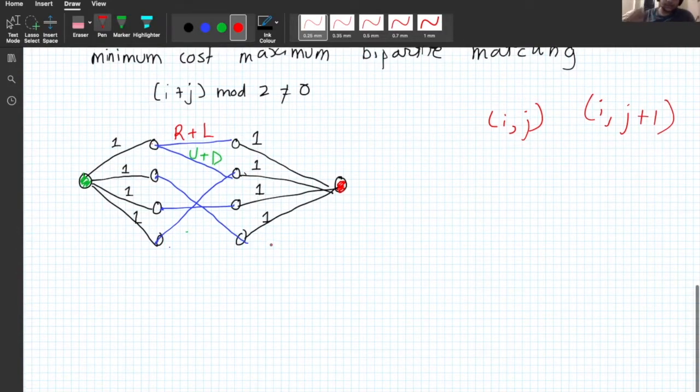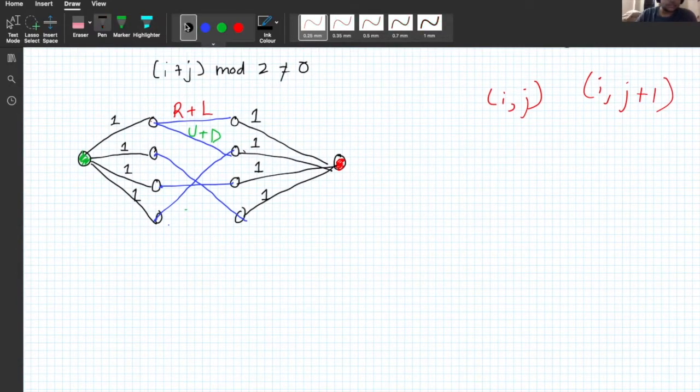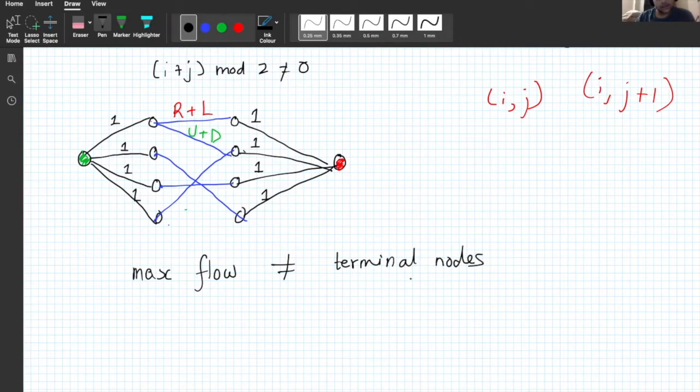Now, if the max flow is not equal to the number of terminal nodes divided by 2, then output minus 1.